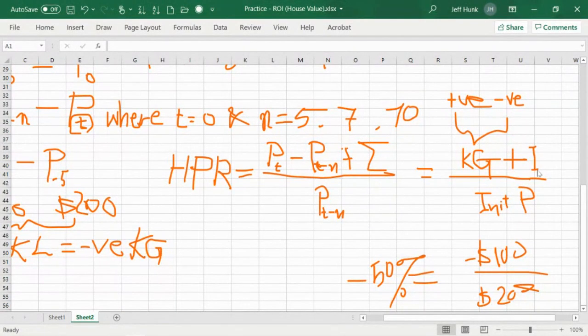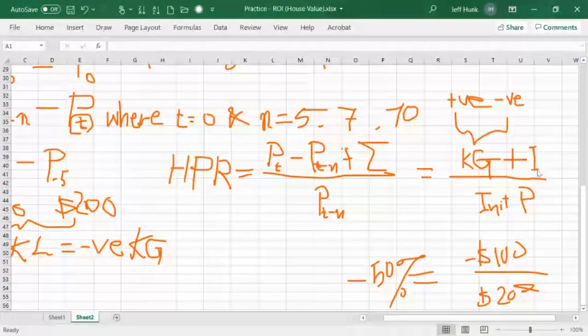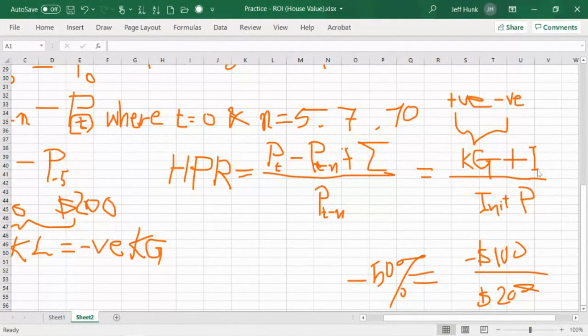It's a total. Sum, of course. You're right. That's the summation sign. Total of what? These are basically incidental income.